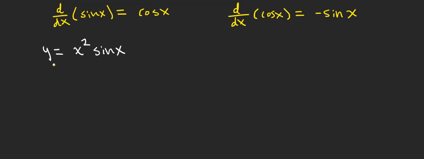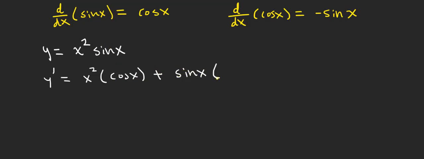So let's say you have y equals x squared times sine x. How do you find the derivative? Well, it looks like we have to use the product rule, since these two functions are connected by multiplication. So it's going to be x squared times the derivative of sine x, which is cosine x, plus sine x times the derivative of x squared, which is 2x.